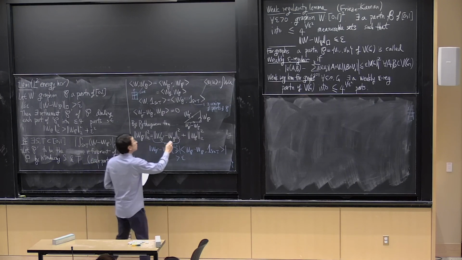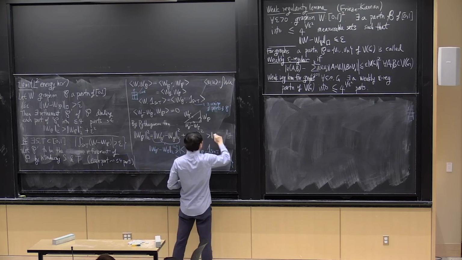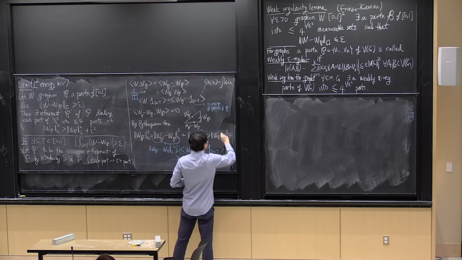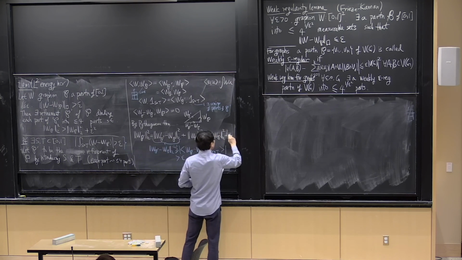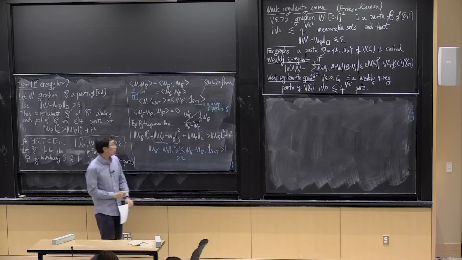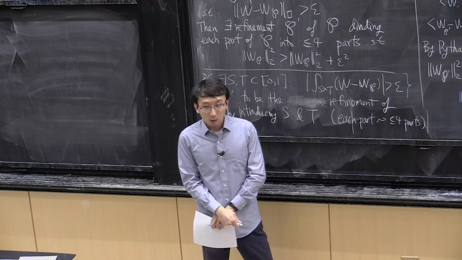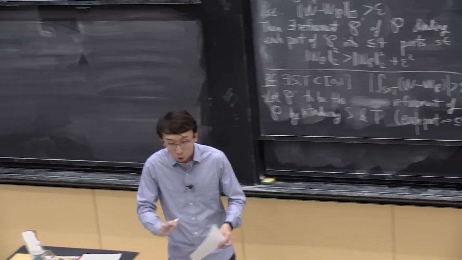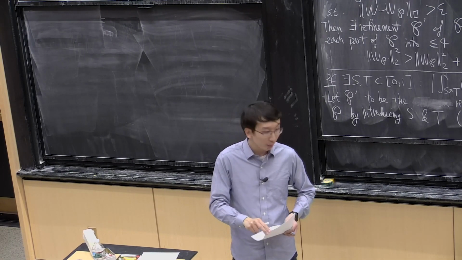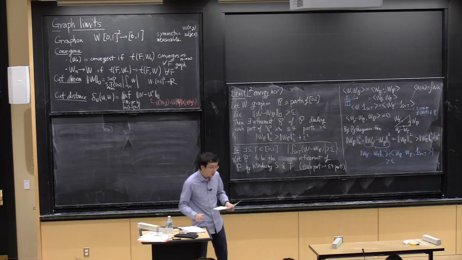So as a result, this final quantity, this L2 norm of the new refinement, increases from the previous one by more than epsilon squared. Okay. So this is the L2 energy increment argument. I claim it's basically the same argument as the one that we did for Szemerédi's regularity lemma, and I encourage you to go back and compare them to see why they're the same.